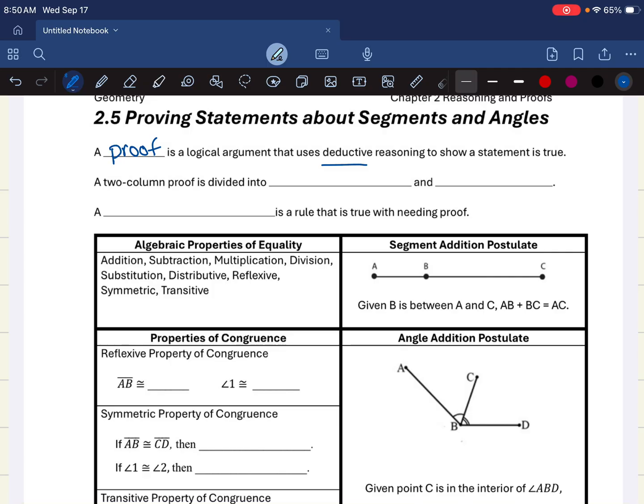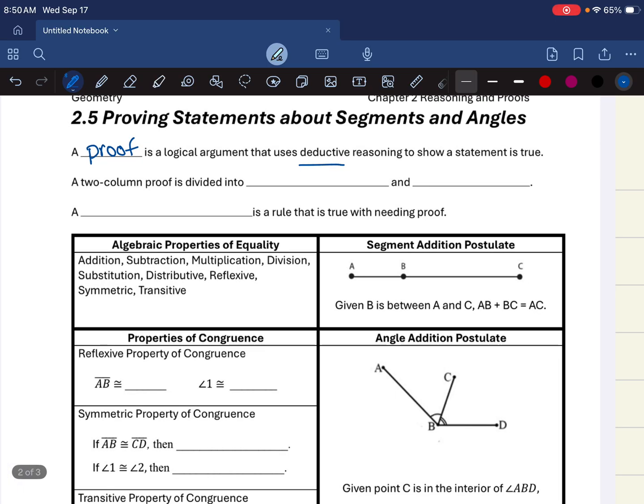Deductive reasoning is based off fact, right? So we're not just looking for a pattern like inductive reasoning. We're using facts to show that a statement is true. A two-column proof, which you guys have seen because we did two-column proofs in algebra, solving algebraic expressions or equations, is divided into statements and reasons.